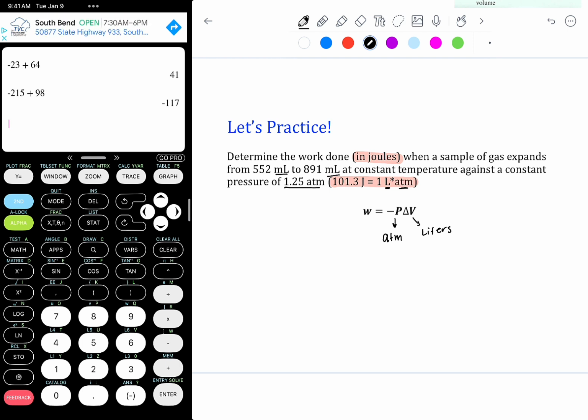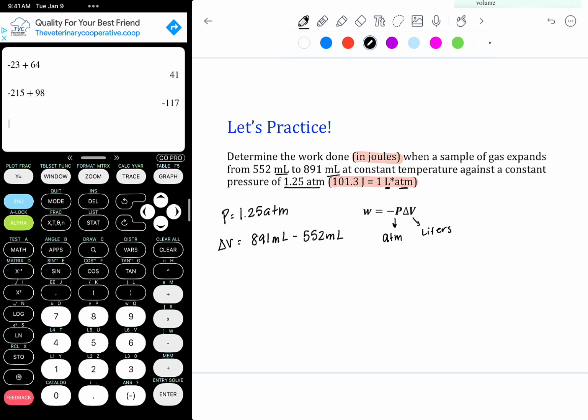So let's look at this problem. We know pressure, P, is 1.25 atm. And for delta V, we know that it's going to be the final, 891 milliliters, minus the initial, 552 milliliters.